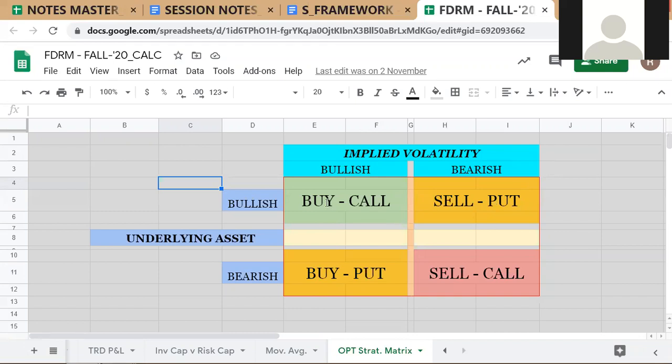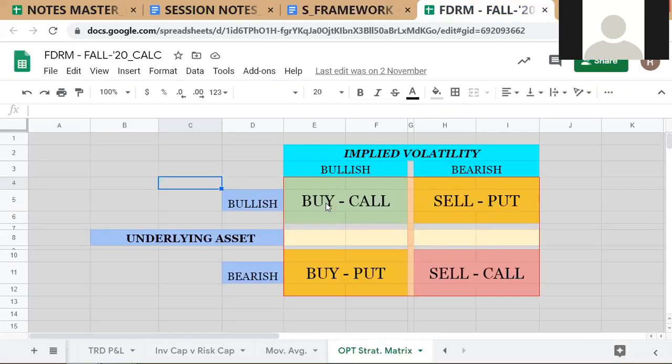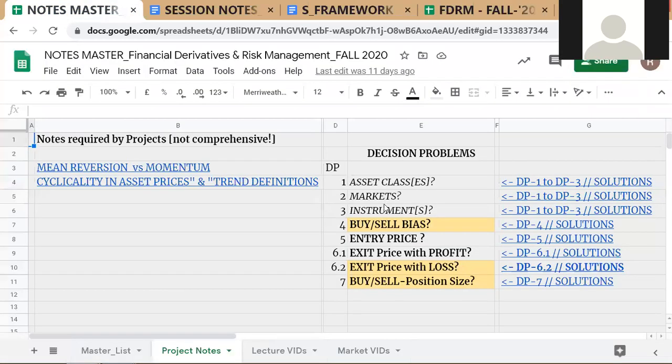So the way we will continue with this class is that that's not the end of the story. Option trading is so complicated that even that is not the end of this story. We are still on this buy, sell, buyer story at this stage. Initially we had to decide whether you wanted to be a buyer or a seller of options.